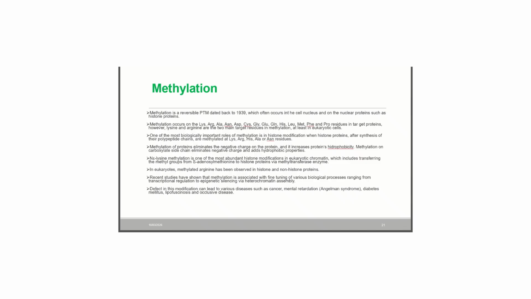So in eukaryotes, methylated arginine has been observed in histone and non-histone proteins. The importance of this methylation process is very important for different biological processes, ranging from transcription regulation to epigenetic silencing and heterochromatin assembly, since the histone protein is one of the proteins targeted by the methylation process.